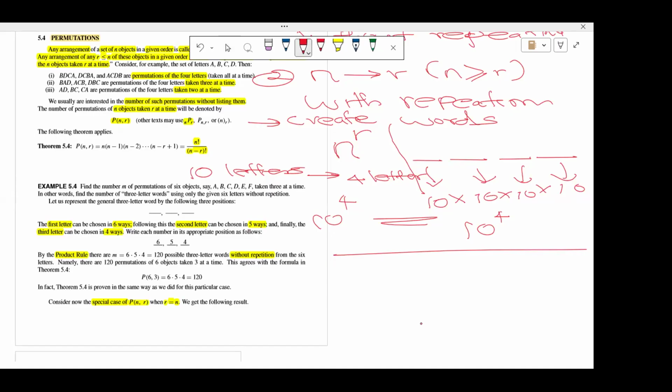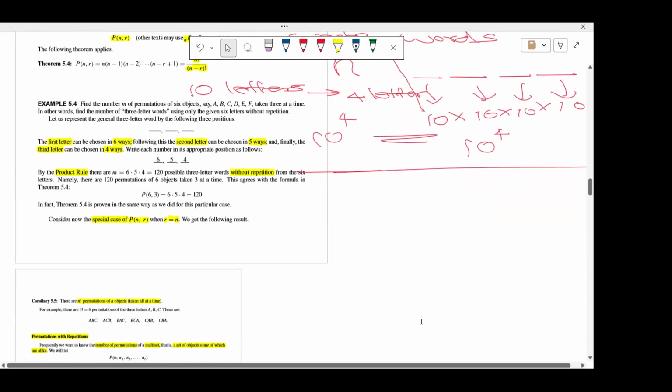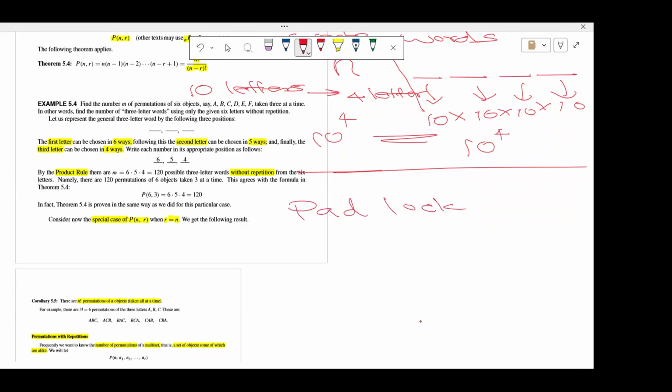Okay, now tell me. My question is, there is a padlock with numbers.